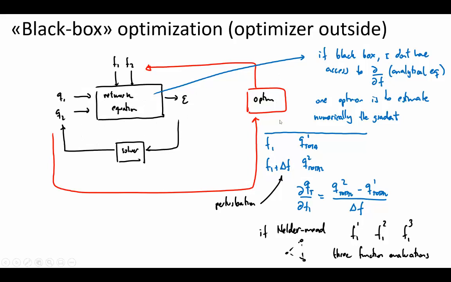If we have the optimizer outside, we cannot use all methods, because some methods require a lot of access to all of these derivatives, and many things are inside the network solver. So if I'm doing it like that with the optimizer on the outside, I sometimes have to estimate numerically, which can be expensive for a large number of variables.